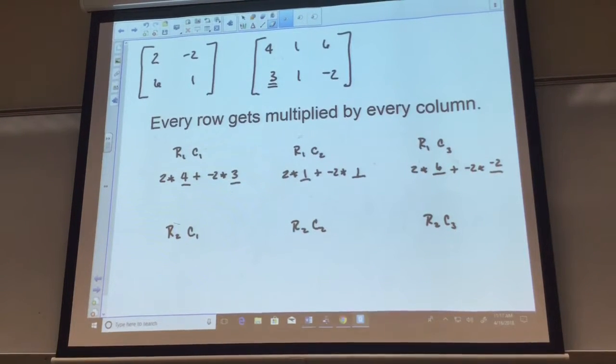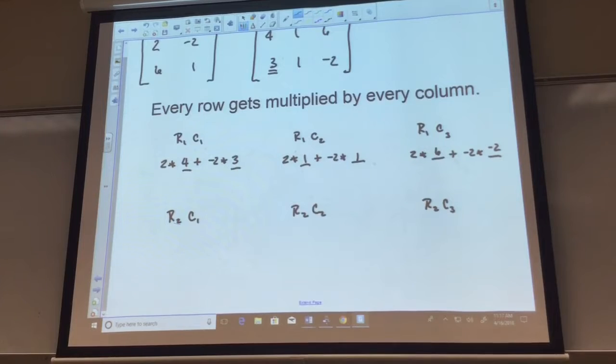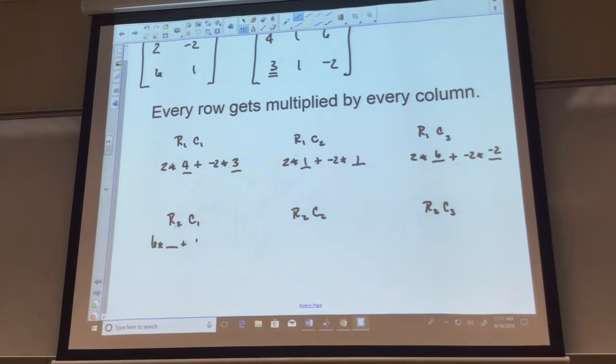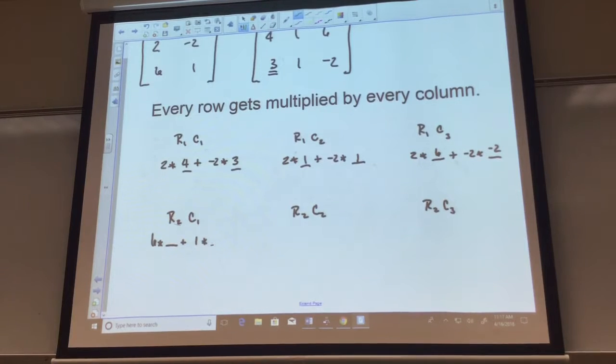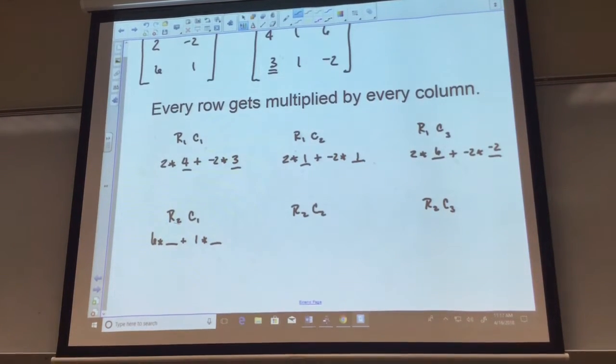Row 2 now is going to be multiplied by values. So I know I've got 6 that's going to be multiplied by something, and I know I have 1 that's going to be multiplied by something. First element of row 2, first element of column 1.